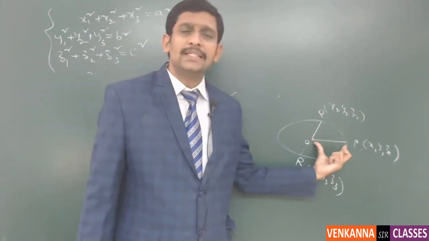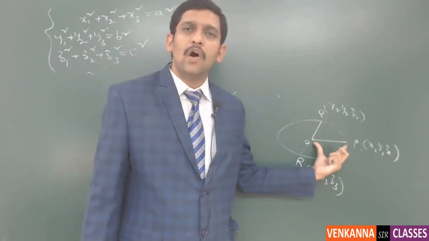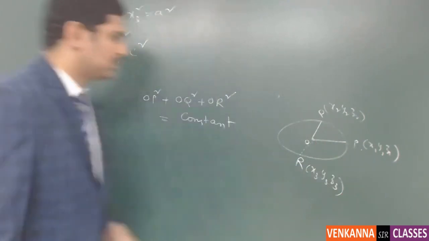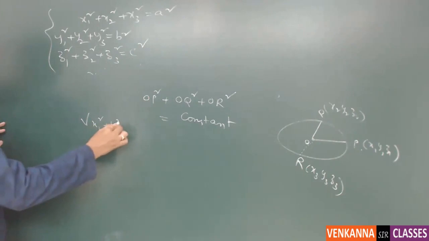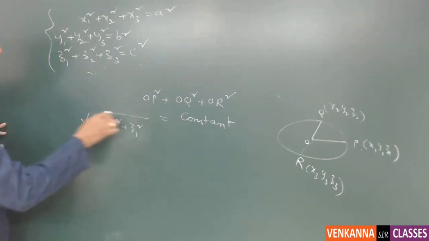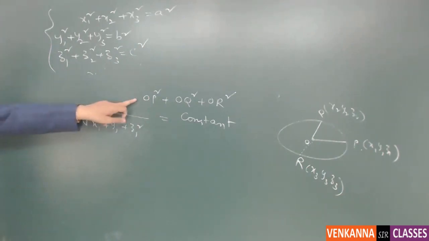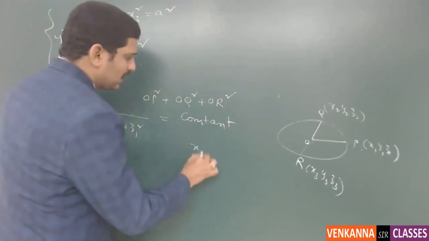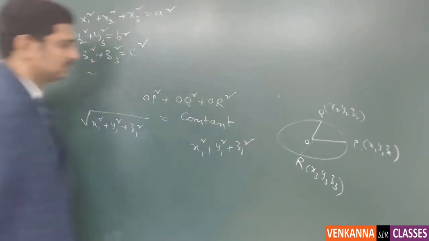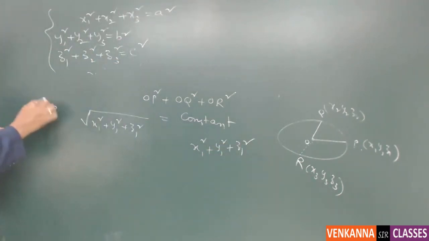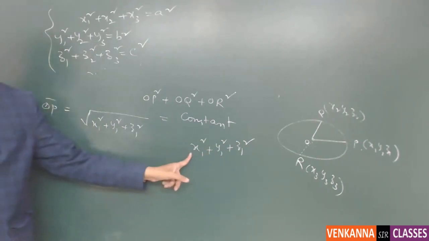OP is nothing but distance between origin and P. So it is nothing but square root of x1 square plus y1 square plus z1 square. If you consider OP square, it is nothing but x1 square plus y1 square plus z1 square. This is OP square.